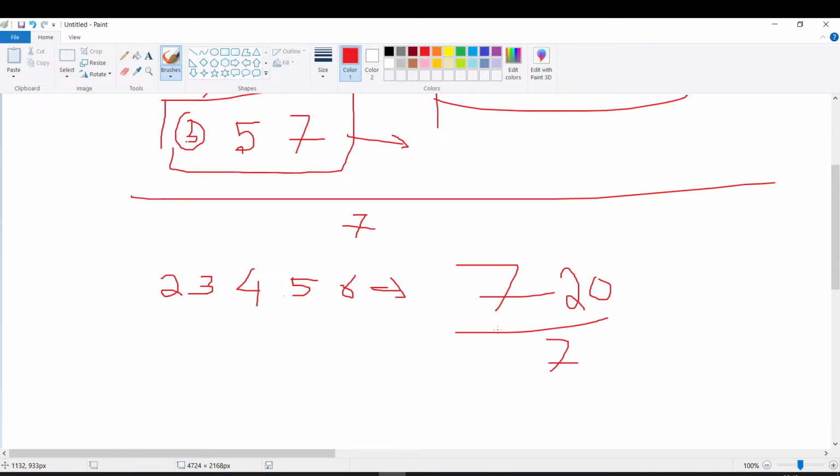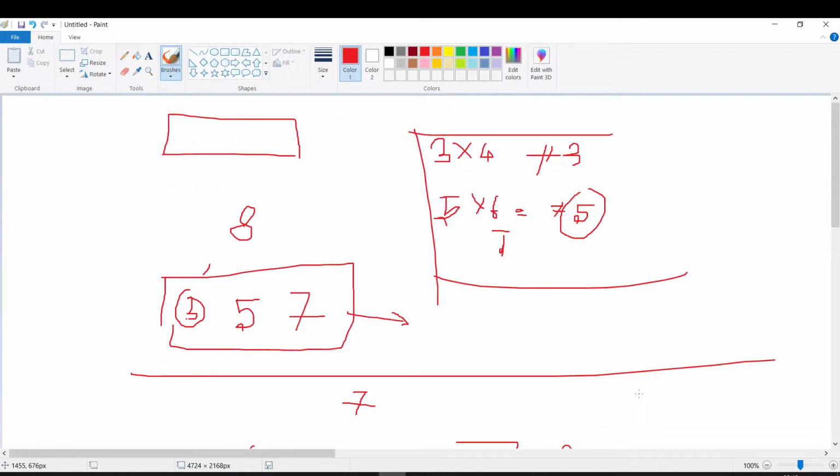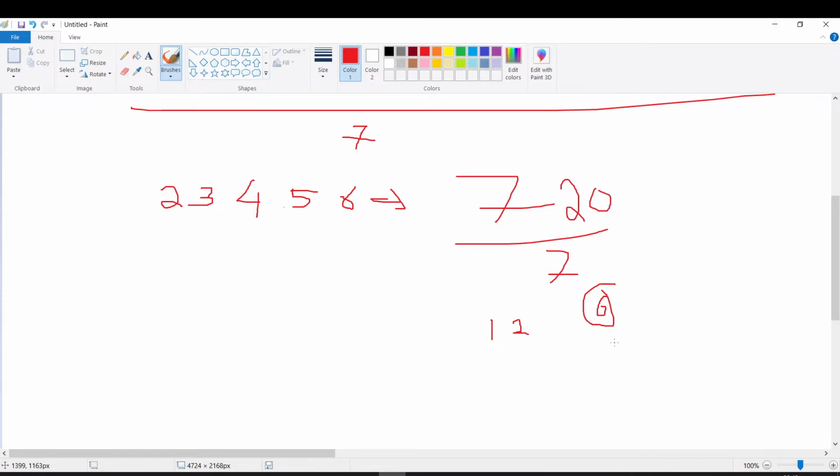720 by 7, or the modulo of it. So it's 7 times 102, and we'll be having a remainder of 6. Now how to pick these numbers so that we get a value of 1?